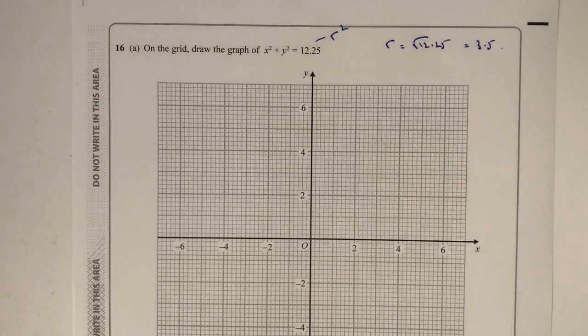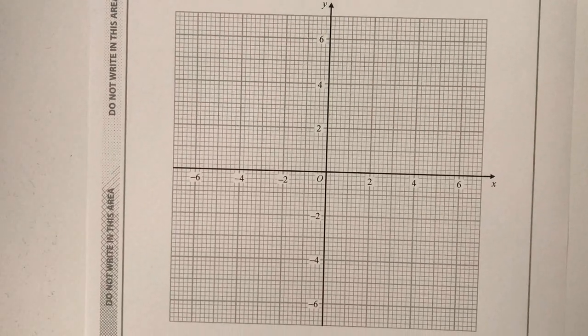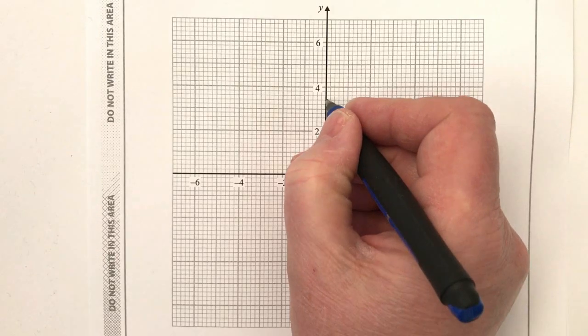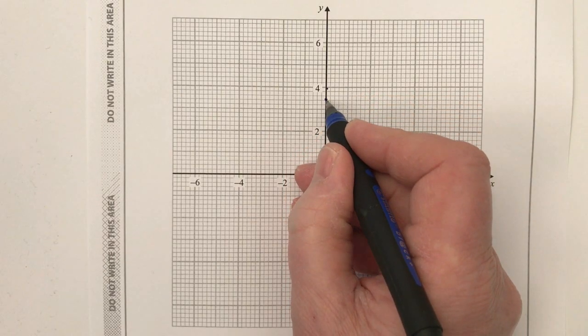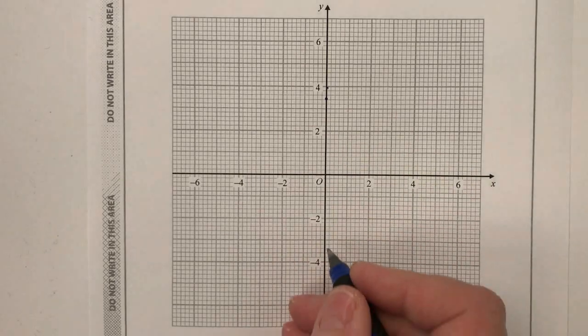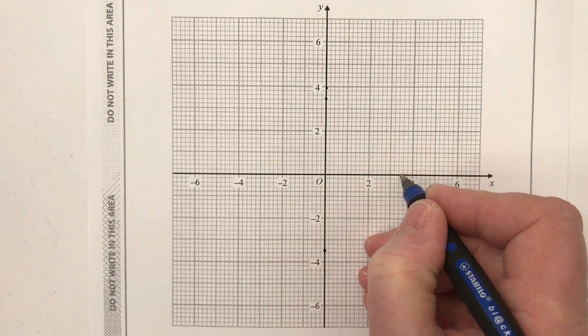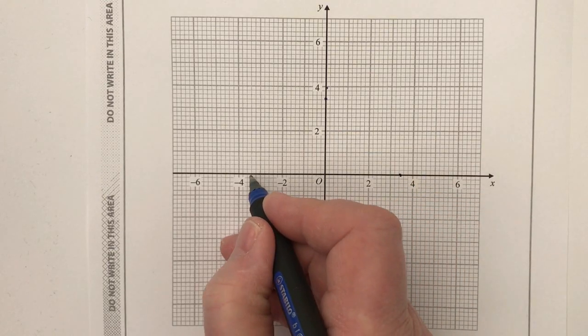And really it's just a matter of drawing a circle in the middle of the graph with a radius of 3.5. So the first one is around about here. Remember this is 3 and this is 4, so halfway between the 2 is 3.5. Same again at the bottom there, and same again the other side.